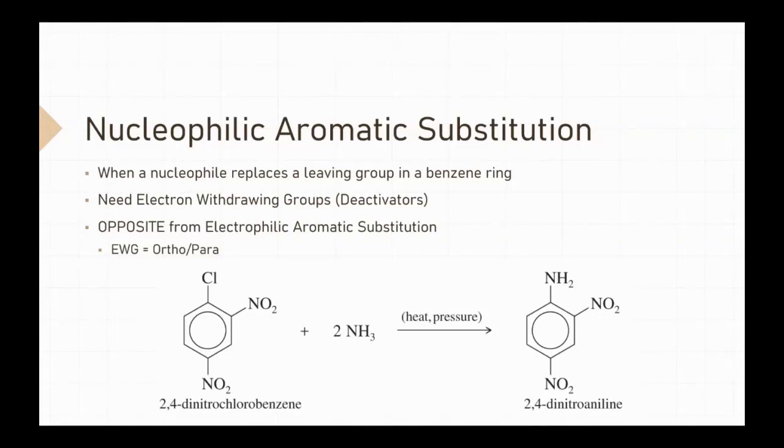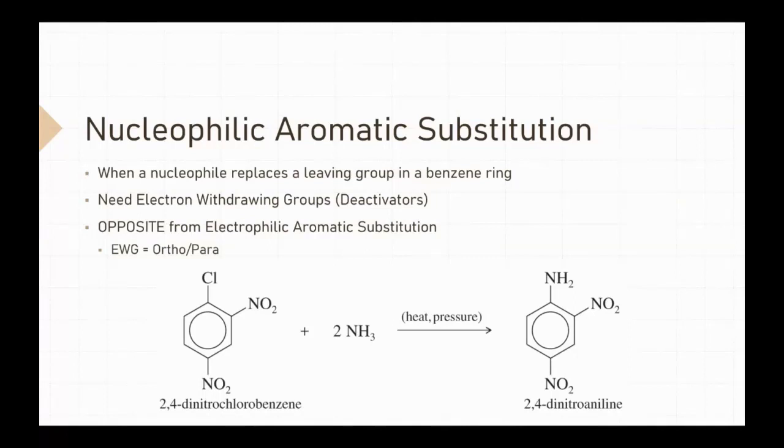Now the requirement here is that your benzene ring needs to be deactivated. Yeah, we need electron withdrawing groups, right? We also need a leaving group as well, because substitution requires a leaving group. So for this one, it's kind of the opposite, where now electron withdrawing groups are ortho-para instead of meta, and donating groups are meta.